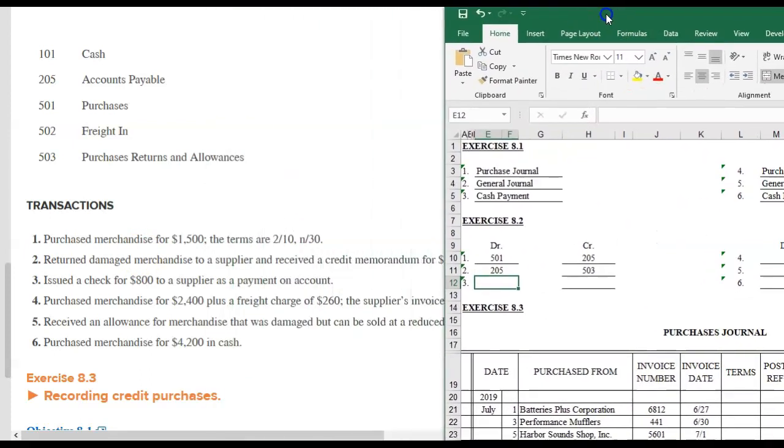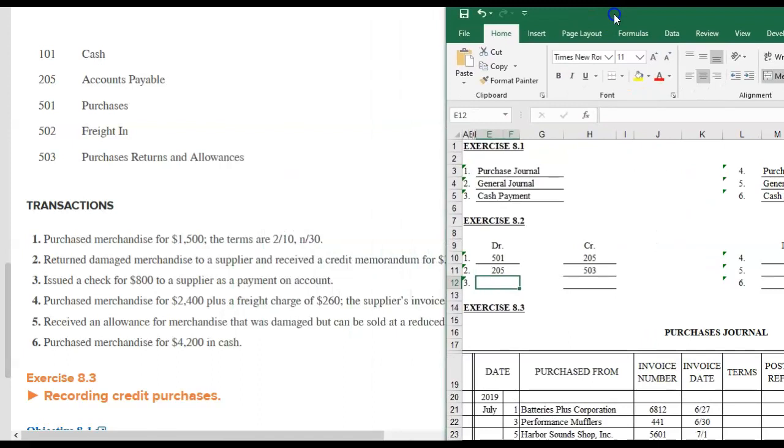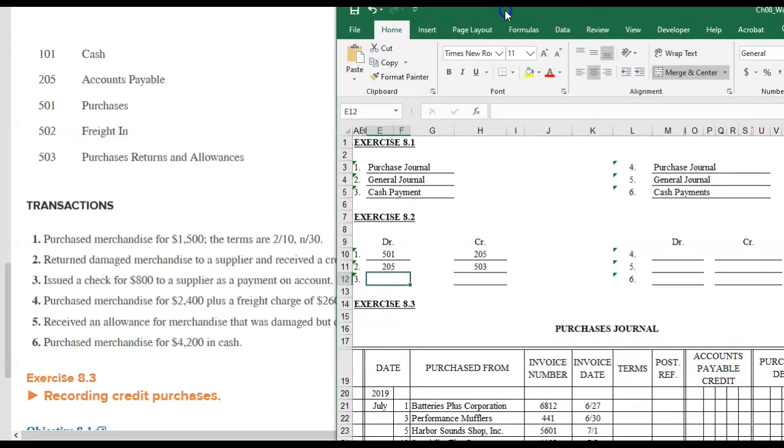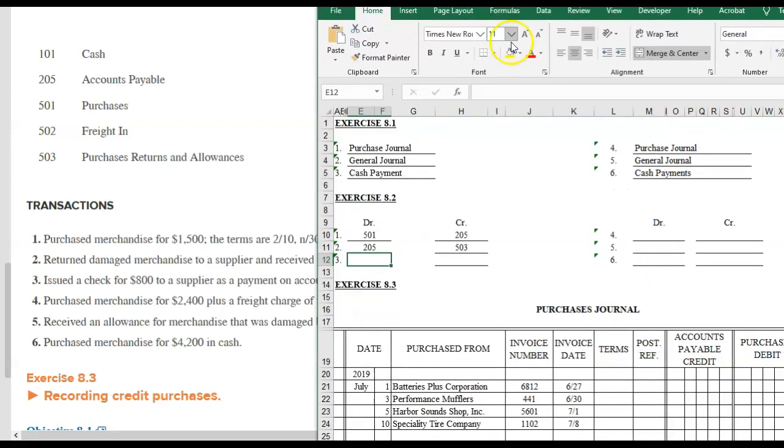Third one, issued a check for $800 to a supplier as payment on account. Now we're talking cash. If the cash is leaving us, it's a credit, so that's 101. And we're paying it to a supplier as payment on account, which means we're paying down our liability, which is accounts payable, so that's 205.